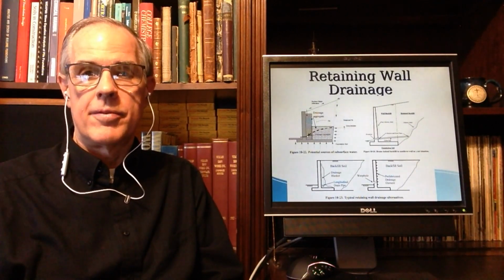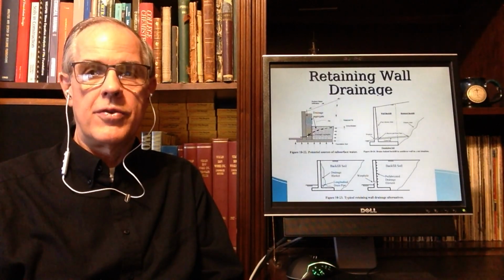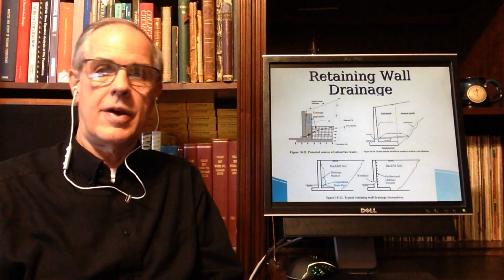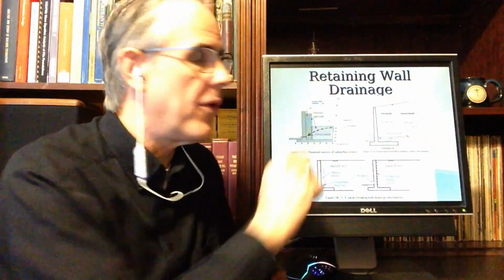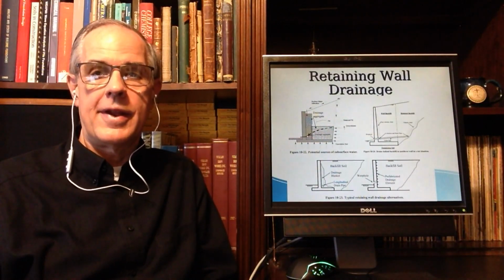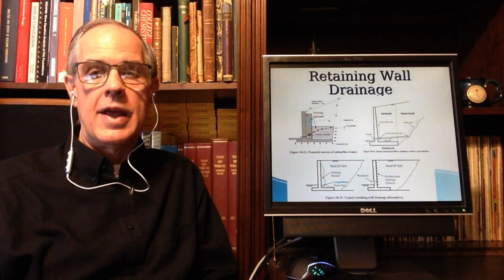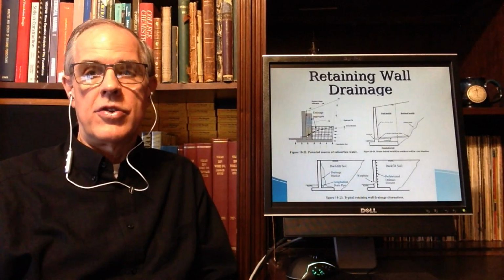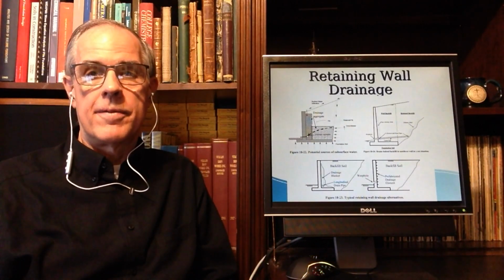And the problem with water is that frequently, if water has been there at a certain level before you create the discontinuity, chances are at some point it will be there again afterwards, after you've left. So you need to make provisions to drain that water away and to lower its level so that it doesn't become a source of problems for your retaining wall.